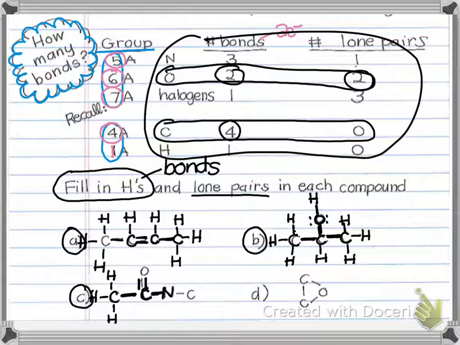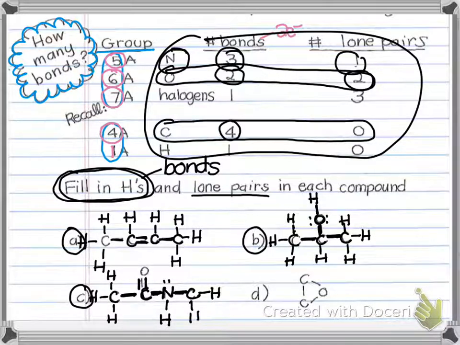Now nitrogen, I look up here, nitrogen needs 3 bonds and 1 lone pair, so it has 1, 2, I'll add a 3rd bond, because that's what the directions say, and then a lone pair. I could have written the hydrogen above and the lone pair on the bottom. Either way is fine. And then this carbon here has 1, so I need 2, 3, 4.